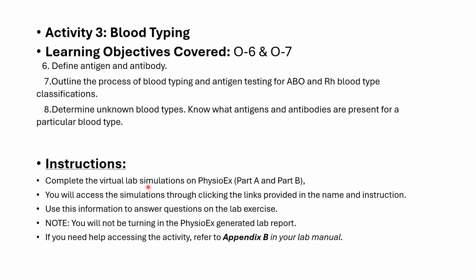You have to complete these virtual lab simulations on Physio X, part A and B. Please do it. And if you need any help, there are Appendix A and Appendix B at the end of each lab exercise. You can go there and see how to go to these sites.